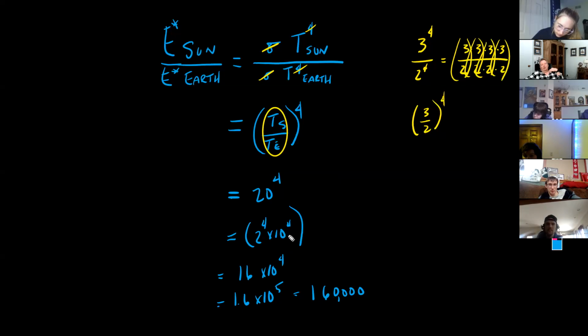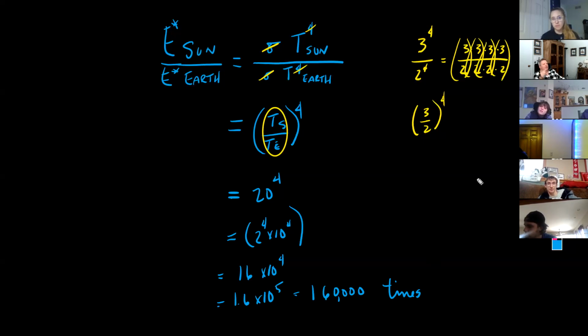And you'll get better when you do your worksheet on your lab, because we're going to be dealing with exponents. So it'll give you a chance to review them. So how much more does the sun radiate than the earth? The answer is 160,000 times more. But wait a second.